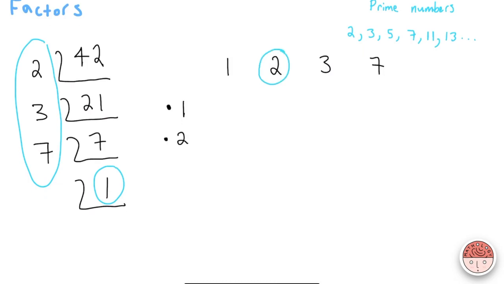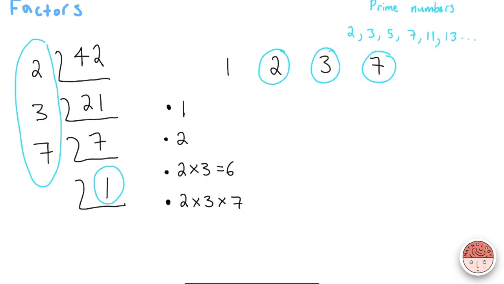One of the factors of 42 is 2, so we write that down. We then find all the possible combinations that this 2 can match up with, which is firstly 3. 2 times 3 is 6. Another possible combination with this 2 is 2 times 3 times 7, which is 42.